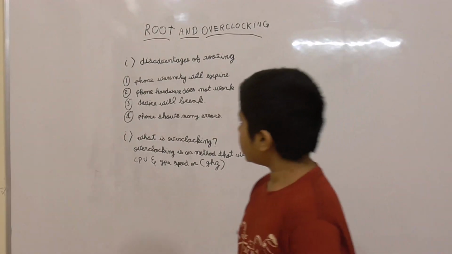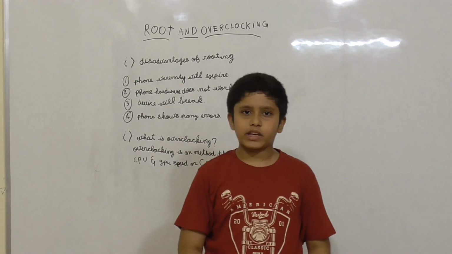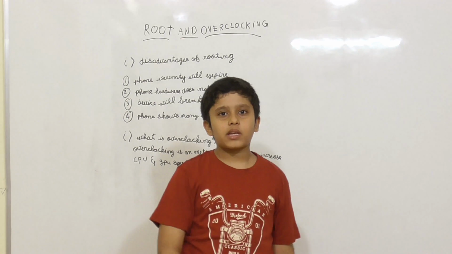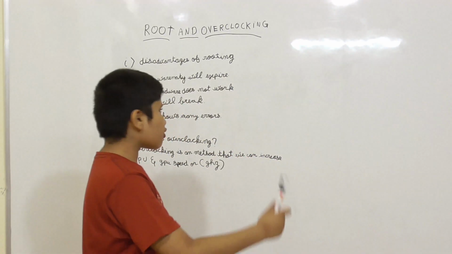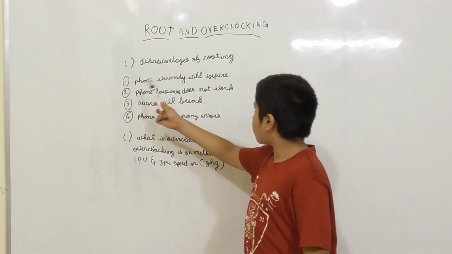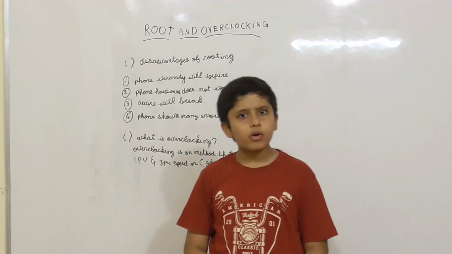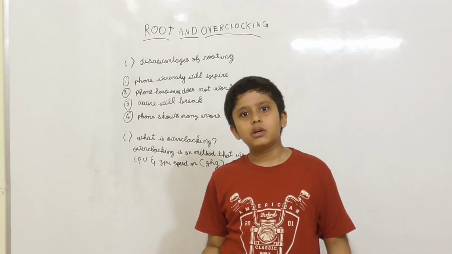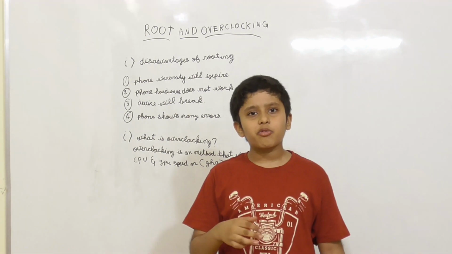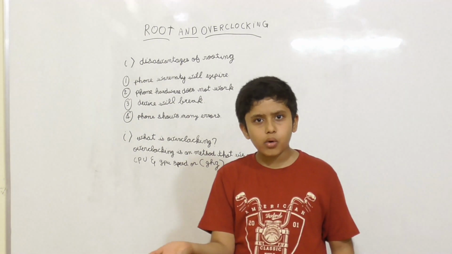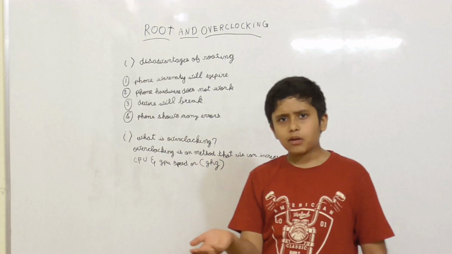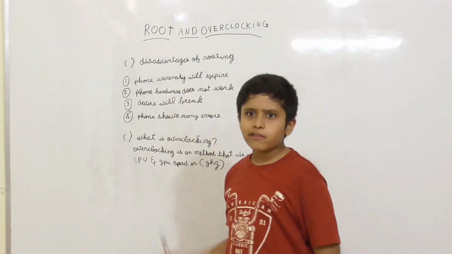Yes. So now let's learn the disadvantages of rooting. Wow. There are advantages of rooting and disadvantages of rooting. Oh no. So what is the disadvantage of rooting, especially? The phone warranty will expire. If you got a new Android smartphone but its processor speed is too low, and suddenly you root your new Android device, your phone warranty will expire.